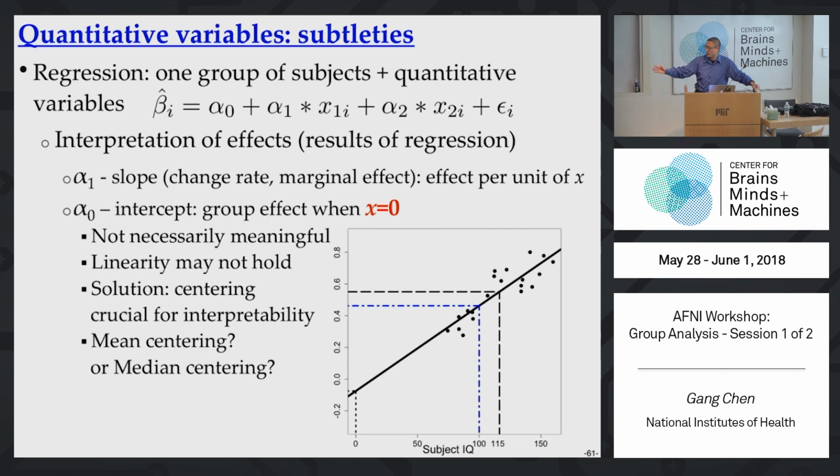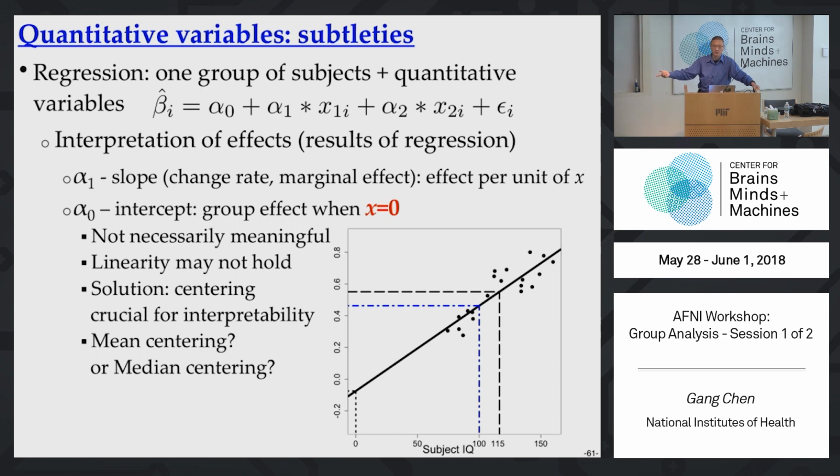If we don't center the IQ values, we would end up with the result for the brain response when the IQ is 0 for the population. Of course that's not something we really want. So we need to artificially change the original IQ values. One possibility is to subtract 100 from every subject's IQ value.